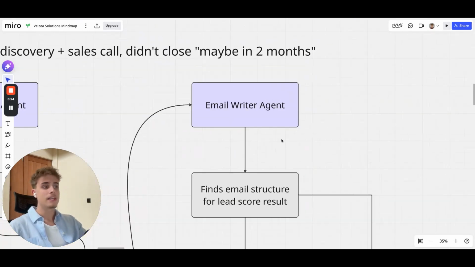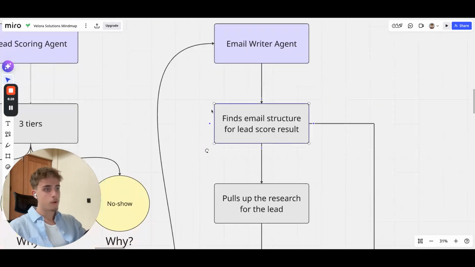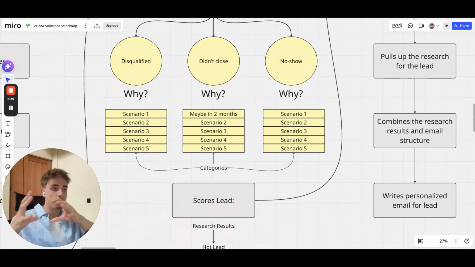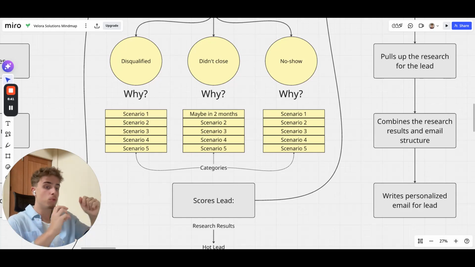The third one, email writer agent. What it does is it's going to find the email structure for the lead score result. So for every single email here, it's going to have a different email structure that the writer agent can just pull, pull the lead research summary from the prospect, and just smash them together and combine them.